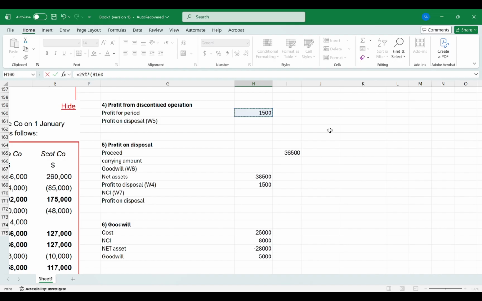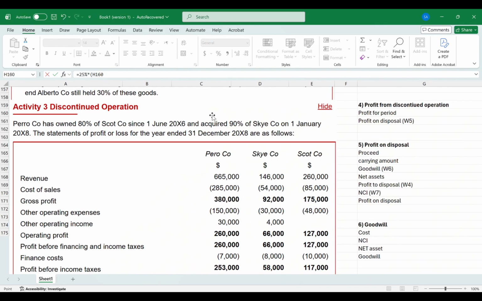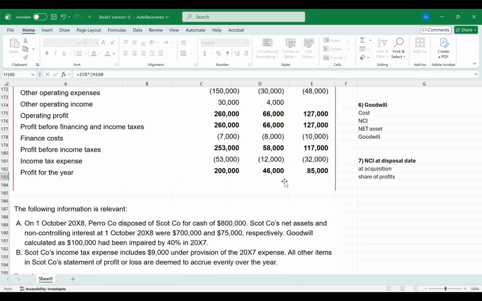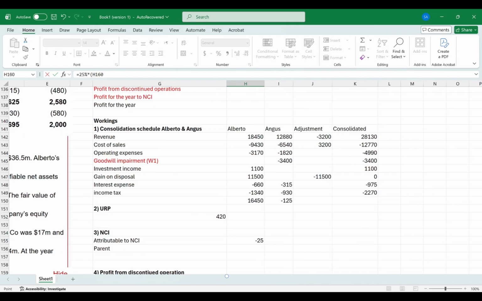And then the profit on disposal, the amount they have given, minus the net asset that they have given, which is at acquisition 28. So you have to deduct the change in the net asset is your profit. You understand?